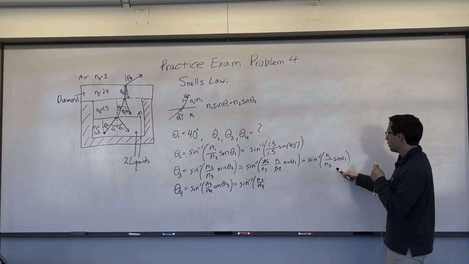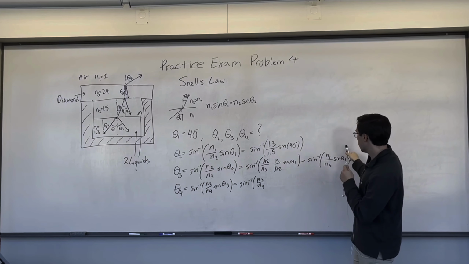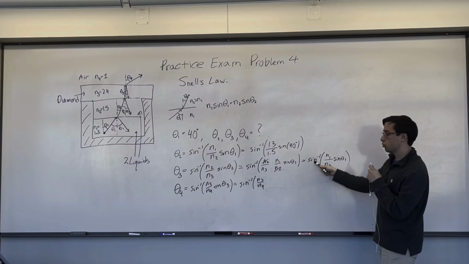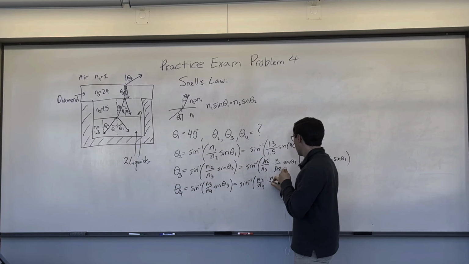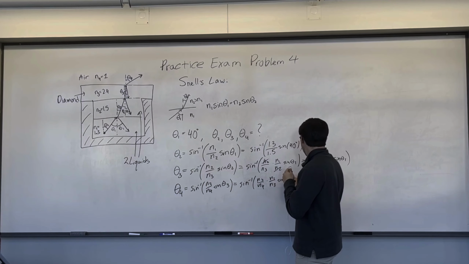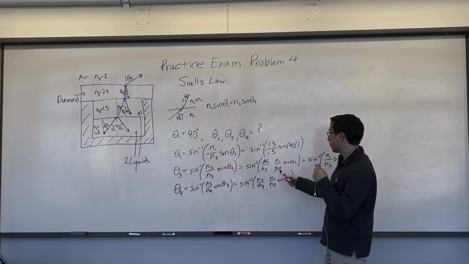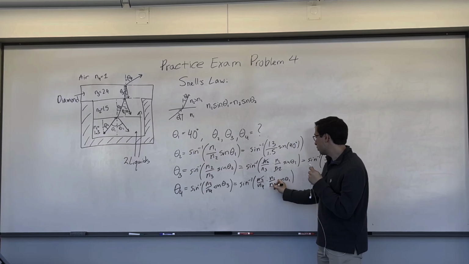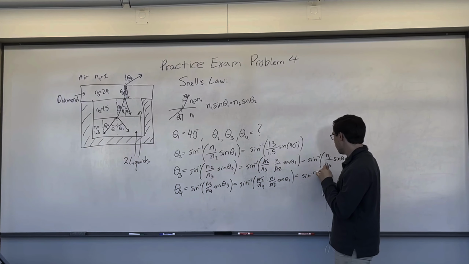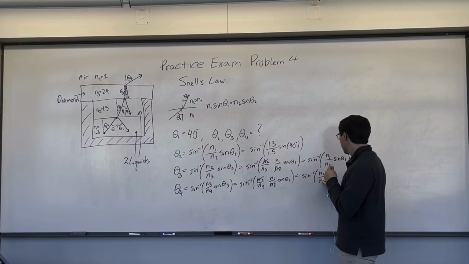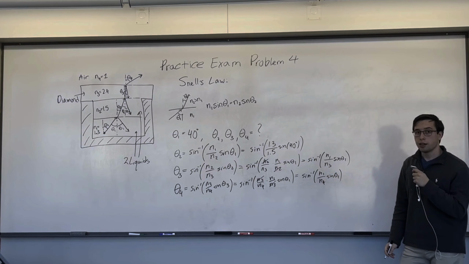So sine of theta 3, we can see, is just whatever is in this argument here, because this whole expression is theta 3. And so we take away this arc sine, we get sine of theta 3. And same idea as for theta 3, all our information about the third material, diamond, drops out. And so we get something like that.